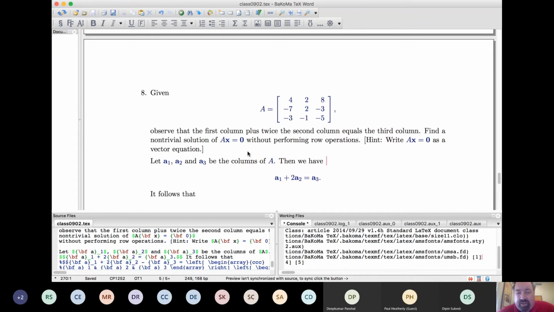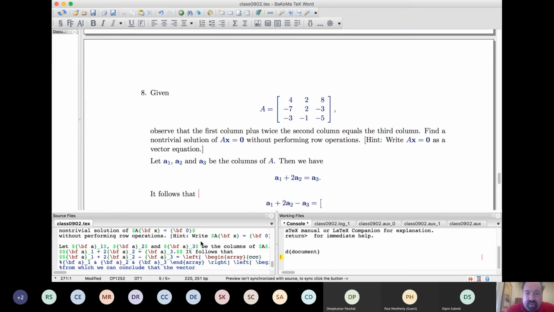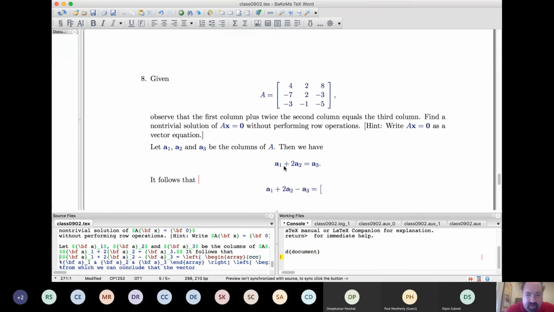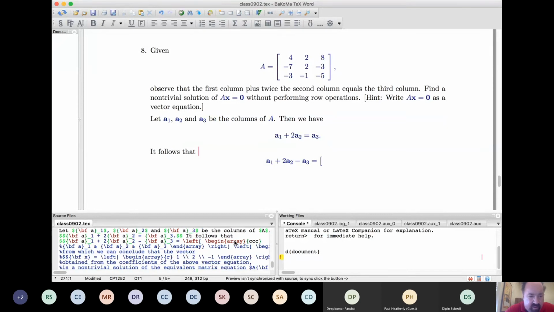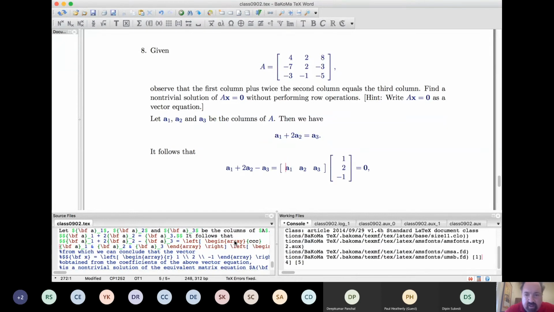What the question asks is, what's a non-trivial solution of Ax equals 0? And thankfully, without performing row operations. So what I can do is just rearrange this and get a 0 on the right-hand side by itself. So by rearranging this, I get 0.